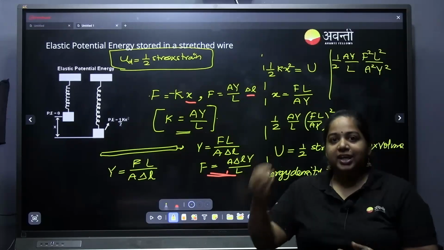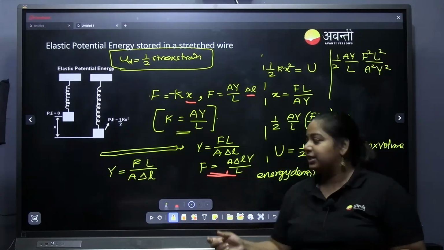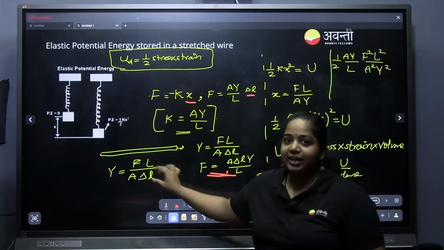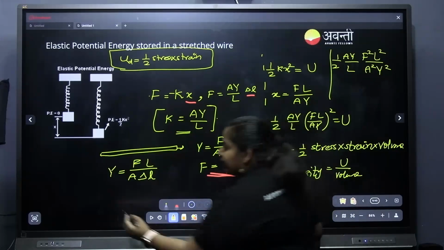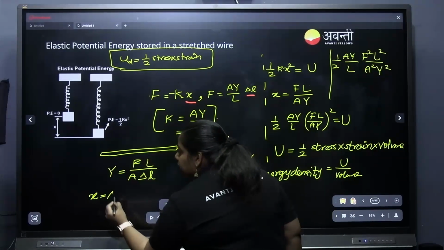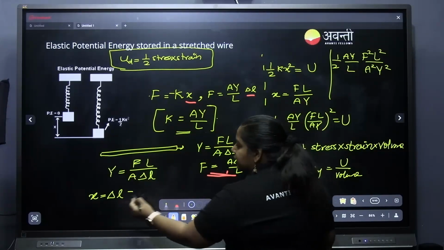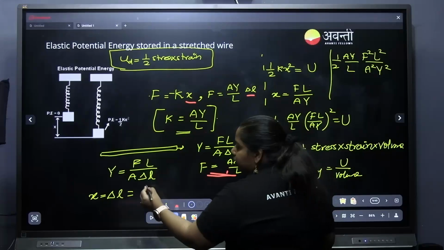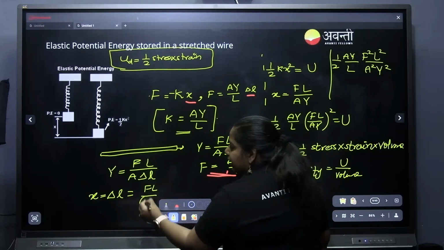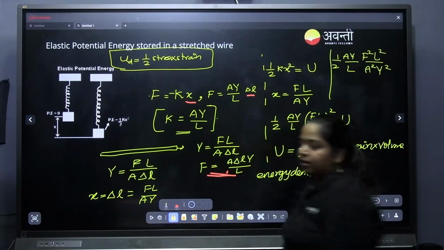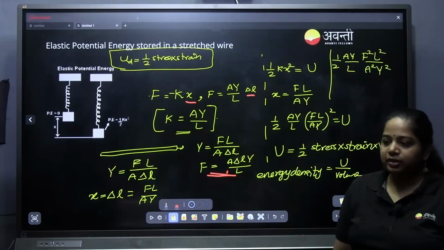Like what is the extension in spring? That is x, same as extension in wire is delta L. So I can say that x equal to delta L. If you want to find delta L from this, delta L will be equal to FL by AY. Now understood?